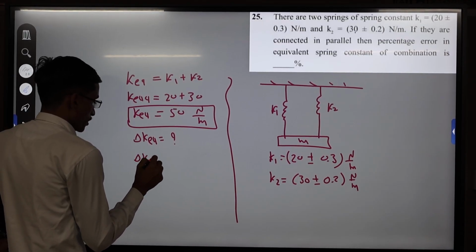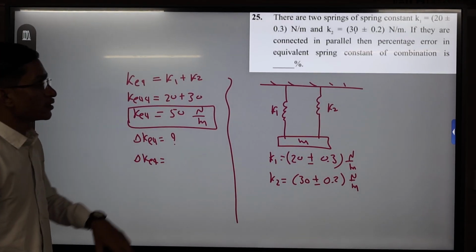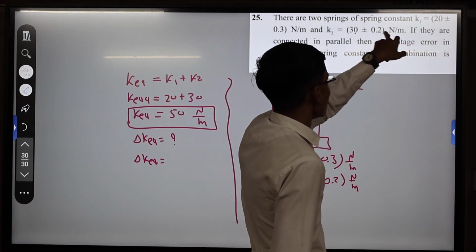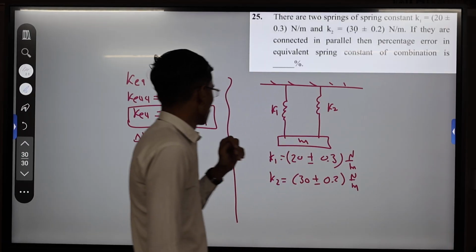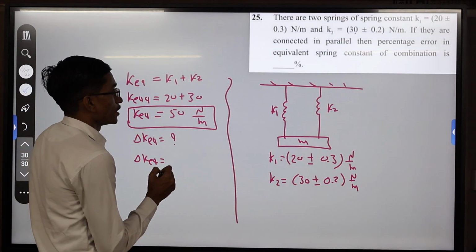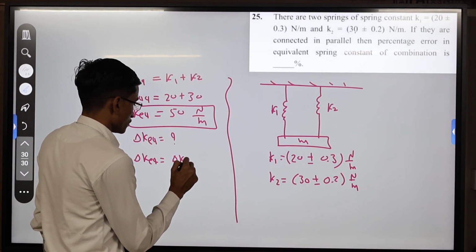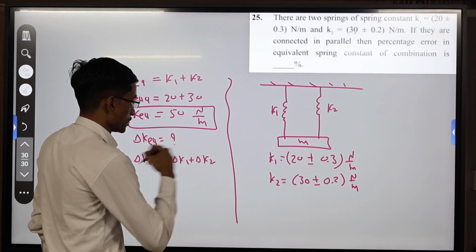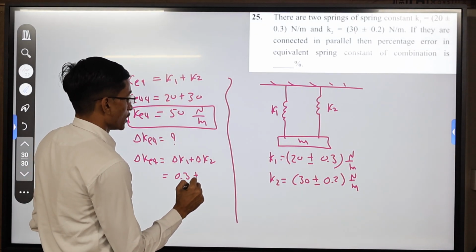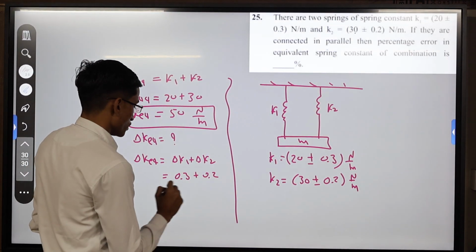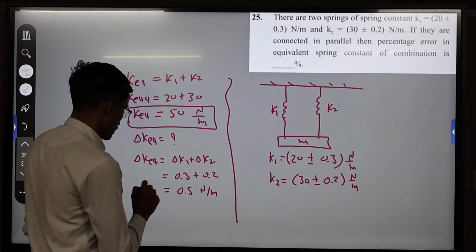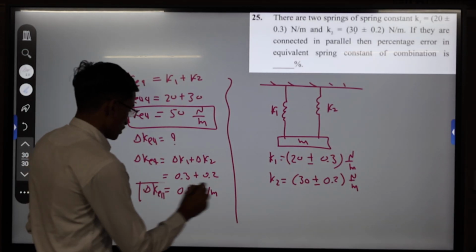For delta K equivalent, in the addition or subtraction rule, the errors in both readings add up to give the final error. So delta K equivalent is equal to delta K1 plus delta K2. Delta K1 is 0.3 and delta K2 is 0.2, so this will become 0.5 Newton per meter.